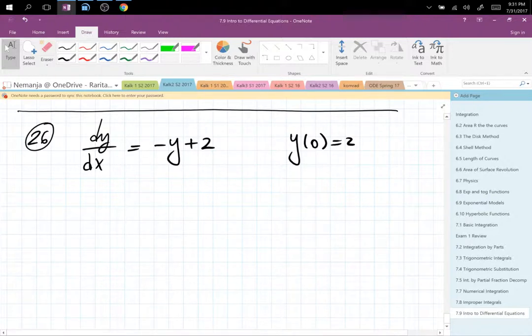So that's why you don't really need that by the time you know what it is, because you can plug it in.